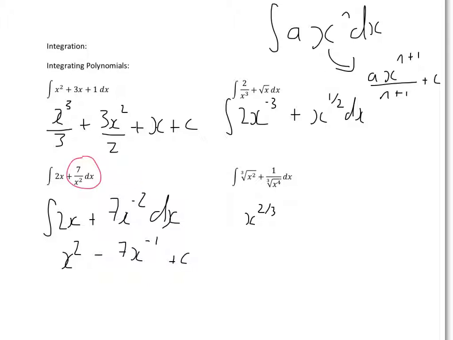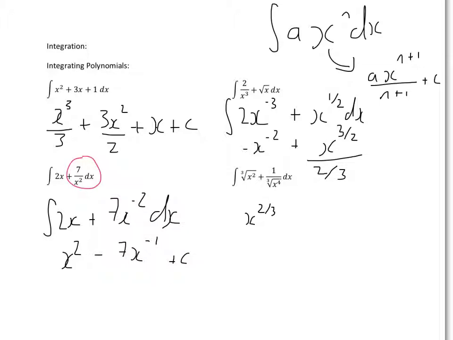So if I integrate this top one, I increase the power by 1. Increasing the power by 1 brings me to negative 2. Dividing through by negative 2, I get just a negative sitting in front. Here I increase the power by 1, I become x to the power of 3 over 2. And I would divide by 2 over 3.